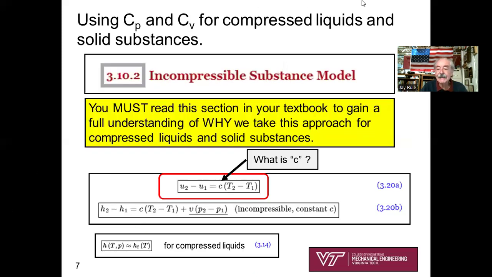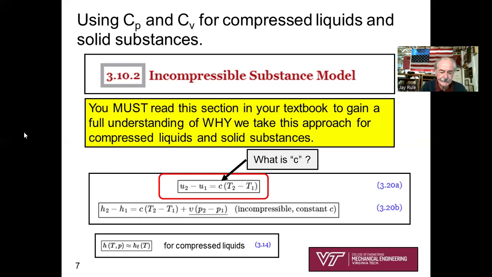Now we're moving to section 3.10 in your textbook, incompressible substance models. This has to do with using C sub P and C sub V for compressed liquids and solids. Think about the steel bar and the beaker of warming water. You have to read this section, but you don't have to dissect it, just browse it, because I'm trying to provide you with the bottom line.